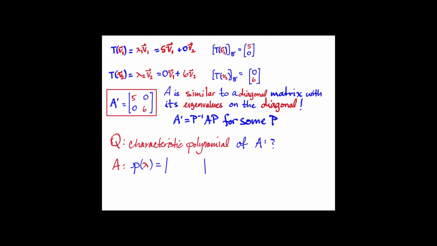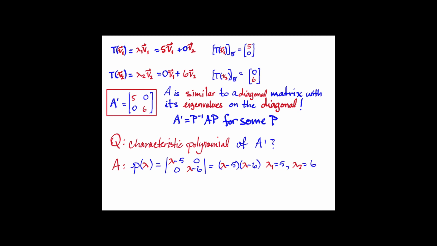You're taking the determinant of lambda minus 5, 0, 0, lambda minus 6, and that's just lambda minus 5 times lambda minus 6. A and A prime have the same characteristic polynomial, so it turns out they have the same eigenvalues.